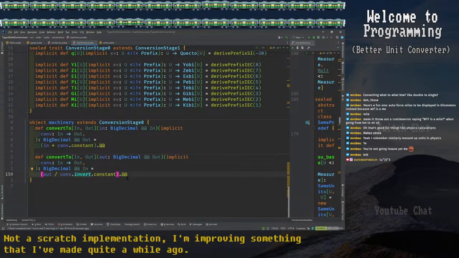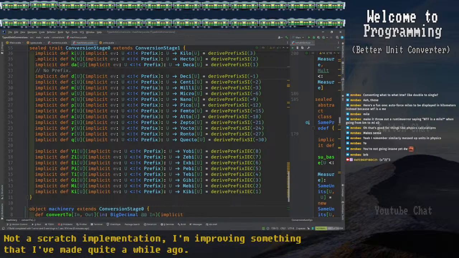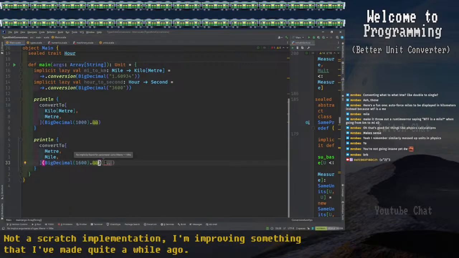There we go. Let's see. In, out. Yeah, okay. Oh wait, hang on. That's already got it right. I don't even have to invert. I can just do that. What if we just completely throw inversions out the window? What happens?